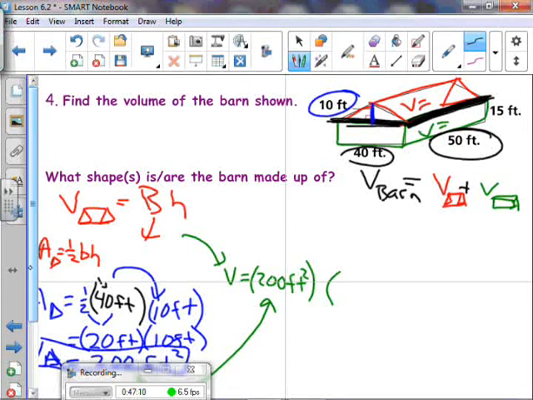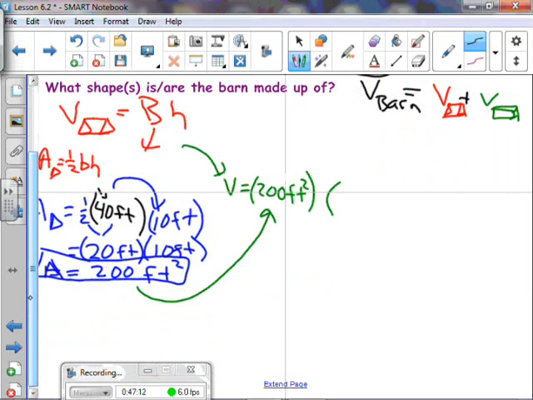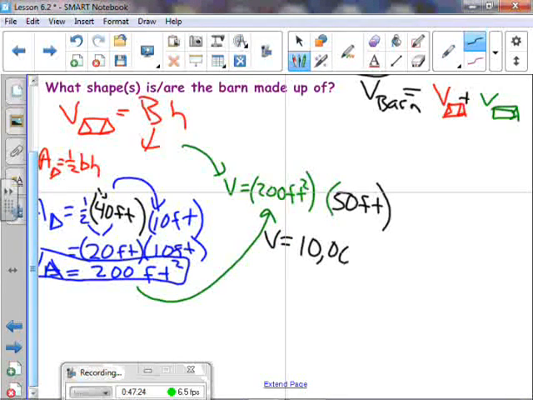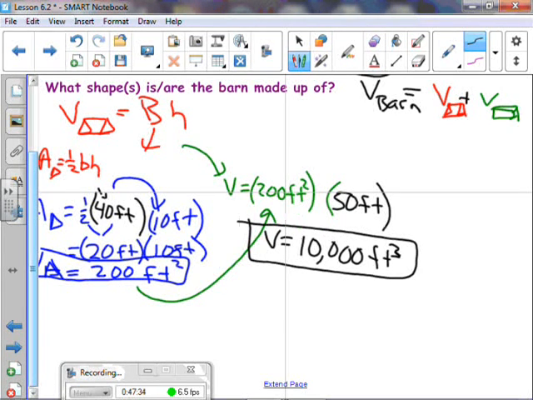Okay? So I'm going to multiply this by 50 feet, and I have 200 times 50, which is going to be 10,000. V equals 10,000 feet squared. Sorry, I just made that mistake. Feet cubed, because we're talking about volume now. We have found the volume of the triangular prism.